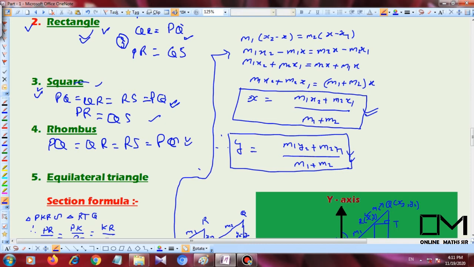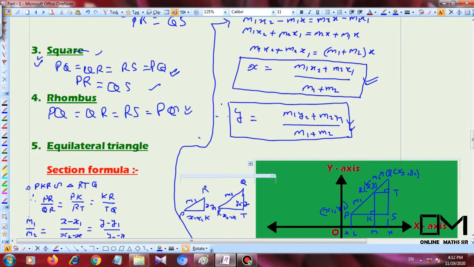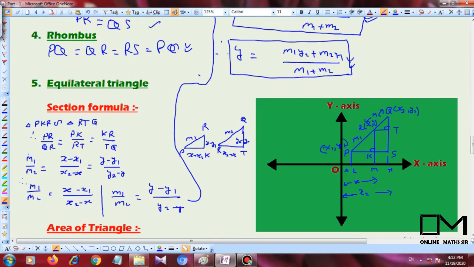If all the sides are equal, then that is the required condition to prove the given points form an equilateral triangle. Suppose this is a triangle in a 2D plane. Clear?